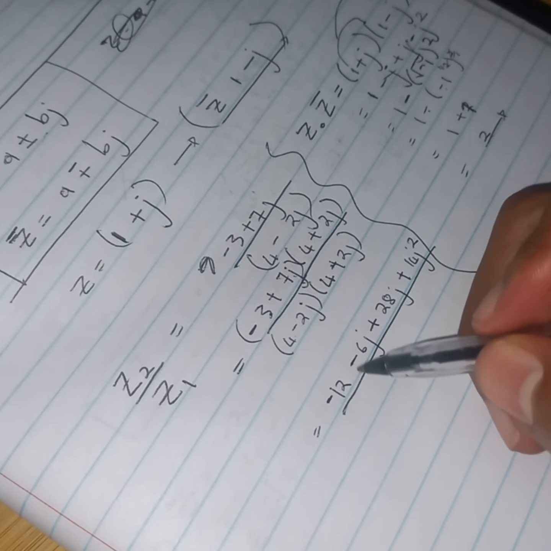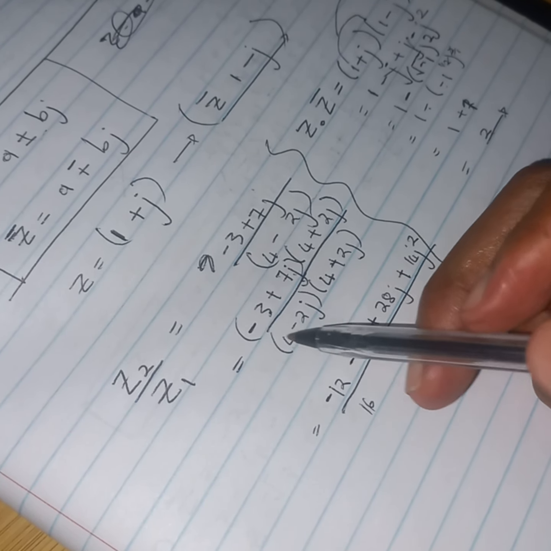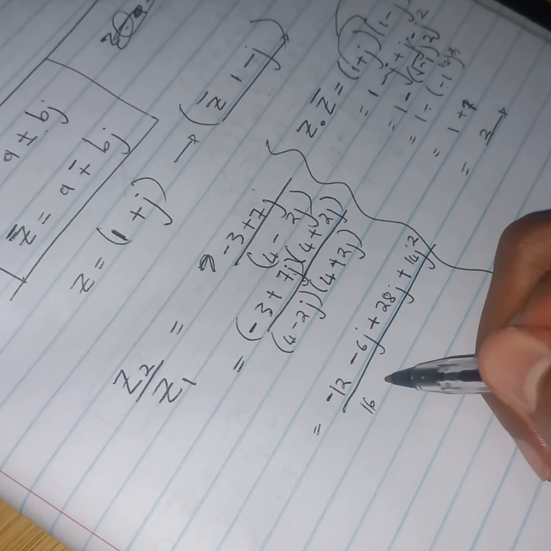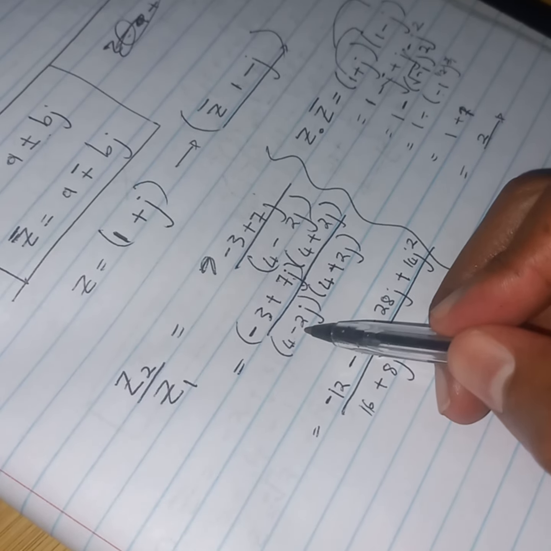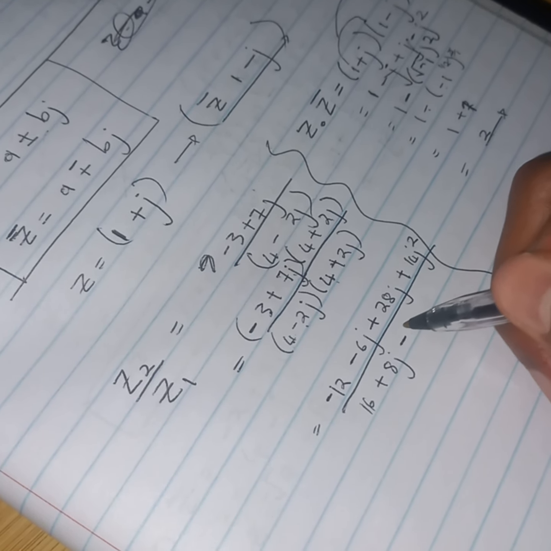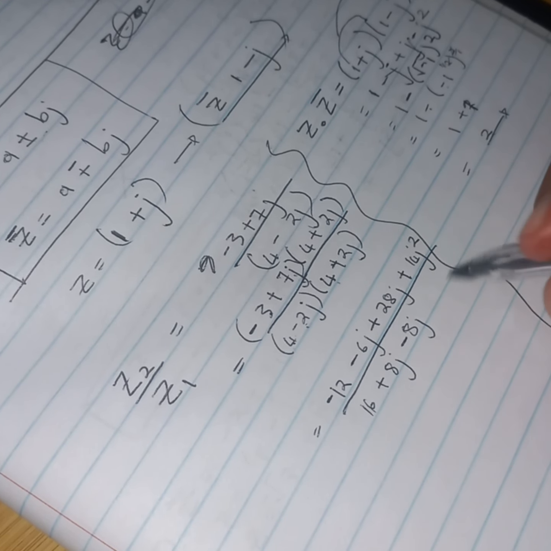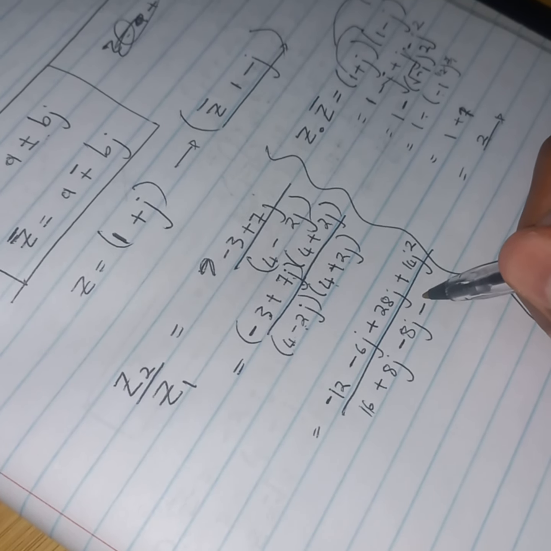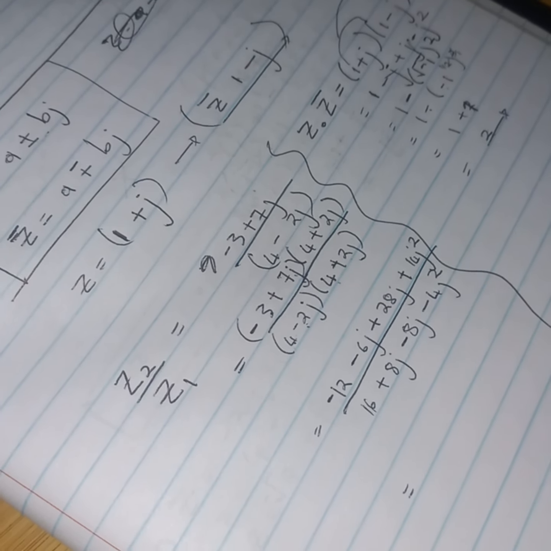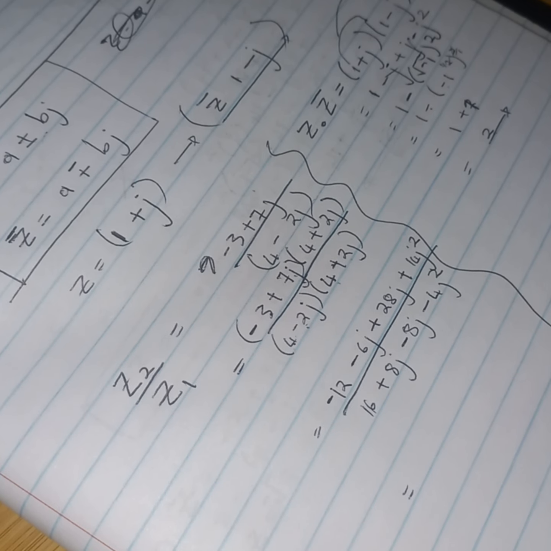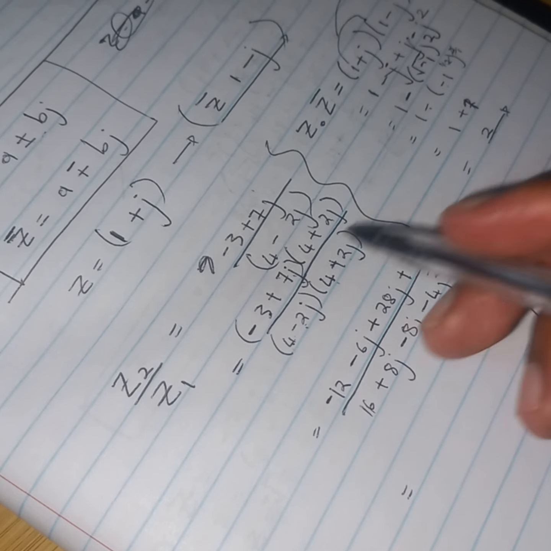And then the denominator: 4 and 4 is going to be 16, and then 4 and 2j is going to be 8j, and then negative 2j and 4 is going to be minus 8j, and negative 2j and 2j is going to be minus 4j squared. So if you say 28 minus 6, that's going to be 22.